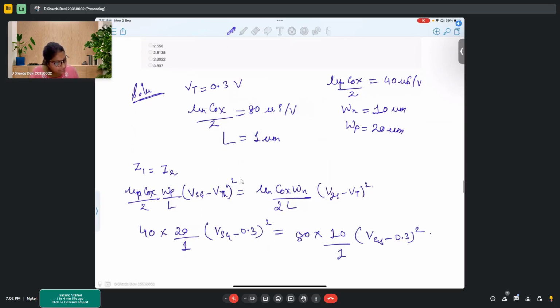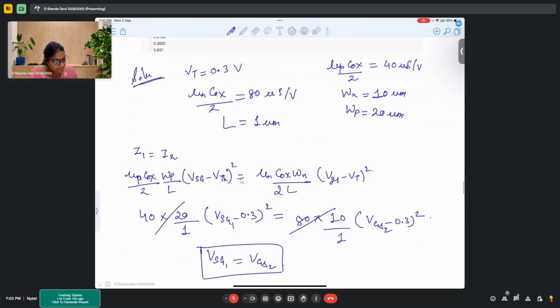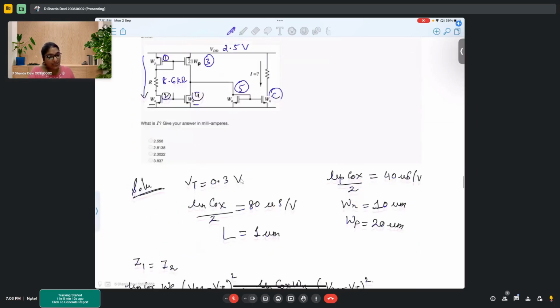From here, it is clearly evident that VSG1 is equal to VGS2. So it is clear to us that VSG1 equals VGS2.